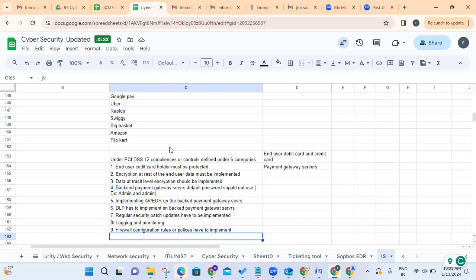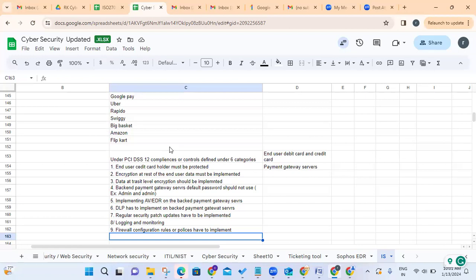So PhonePe, Google Pay, Swiggy, all these companies, whenever any user is coming through the internet as a public person or user or customer or client, they have to implement web application firewall policies and configurations on the perimeter or internet side.